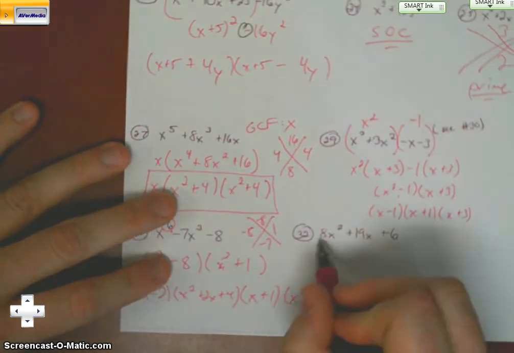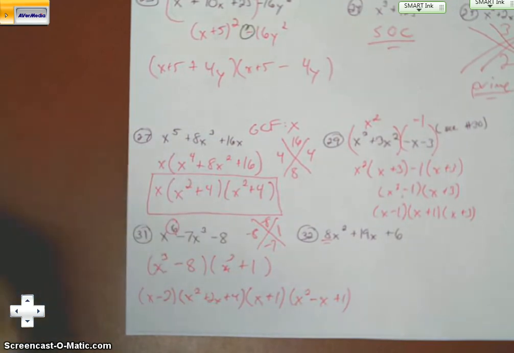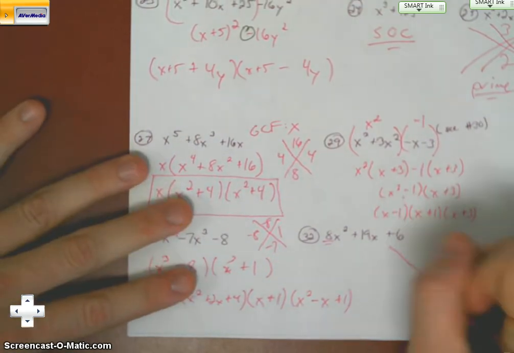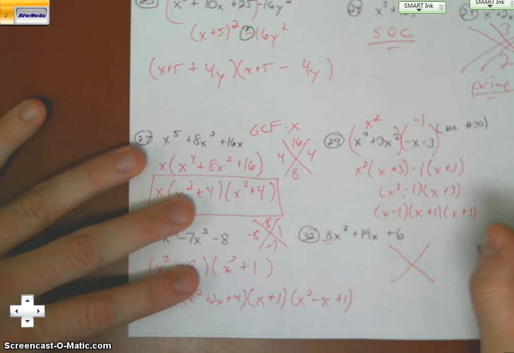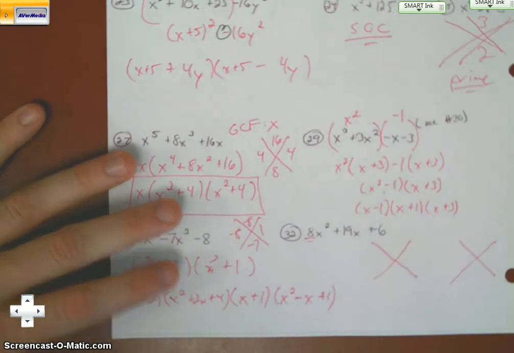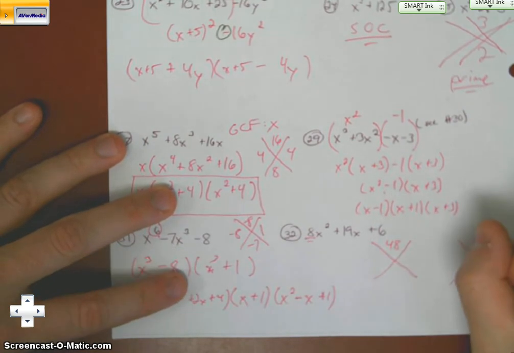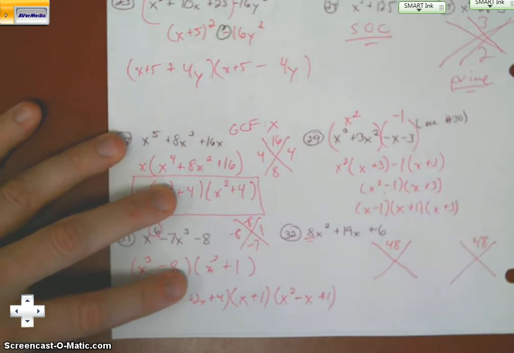32. I have a leading coefficient that is not 1. So we need to morph or do that special way that I showed you later on in the year. So my attic is 48 on both methods. My basement is 19.